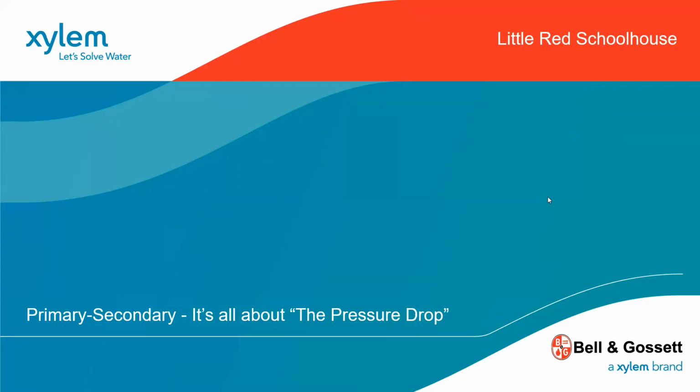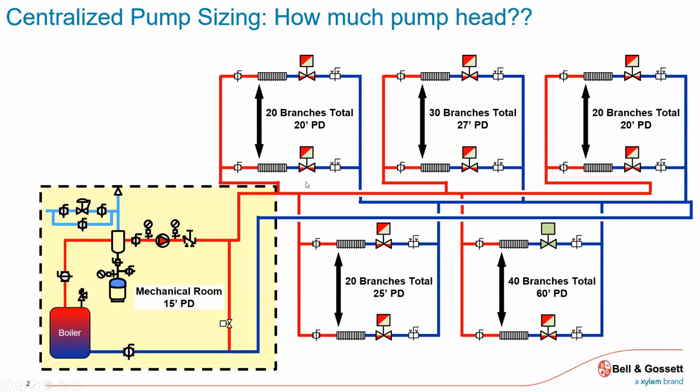Let's see here. And I'm going to move through it. What they're trying to show here is, before primary, secondary, or in this case maybe just instead of primary, secondary, if I have a bunch of zones, and these zones could be buildings.